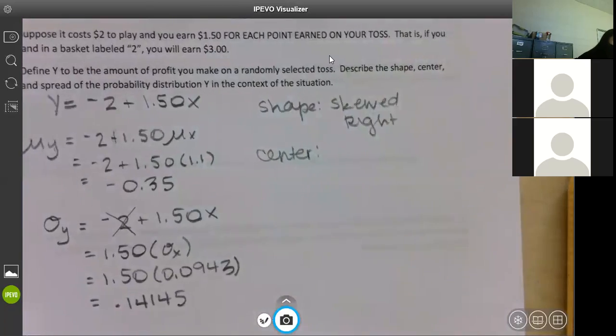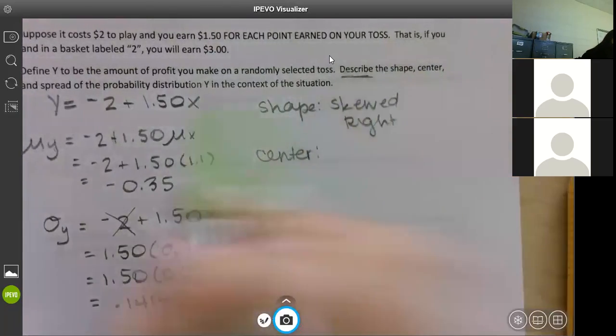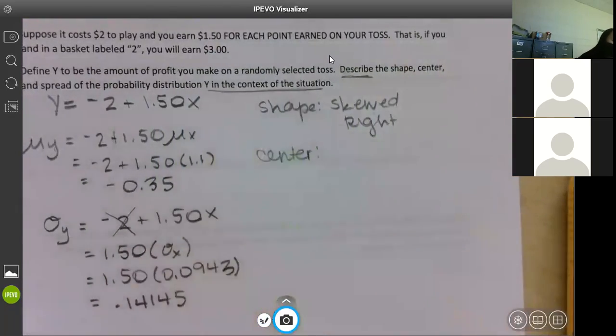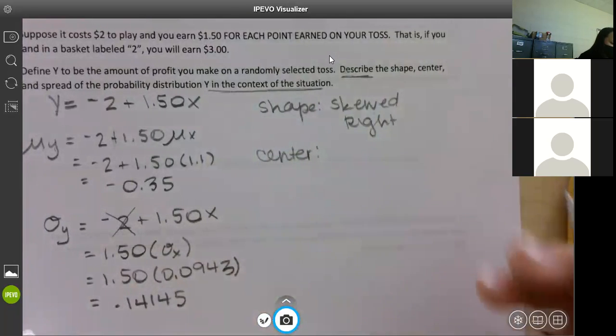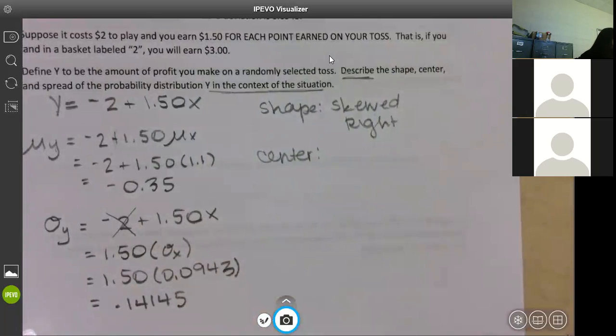Your center, and it says describe in the context of the situation. Perfect. What'd you put for the center?